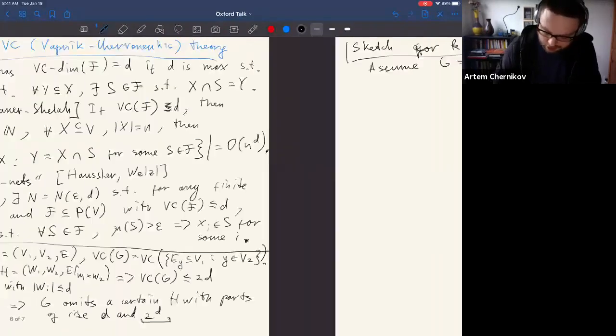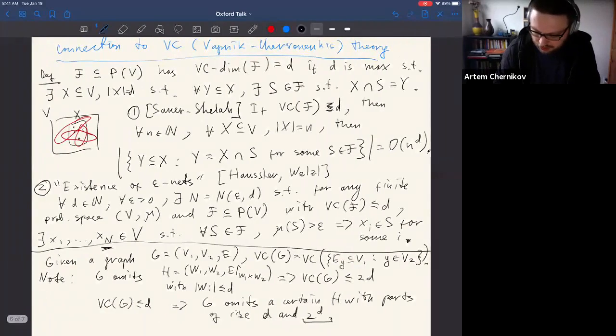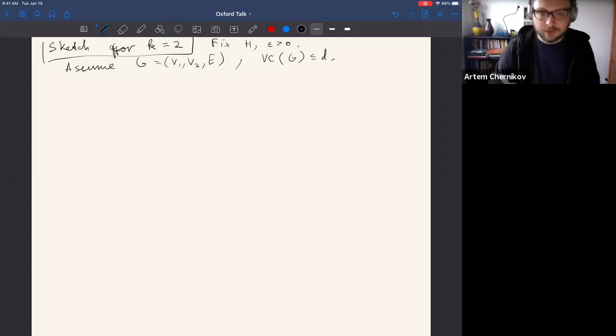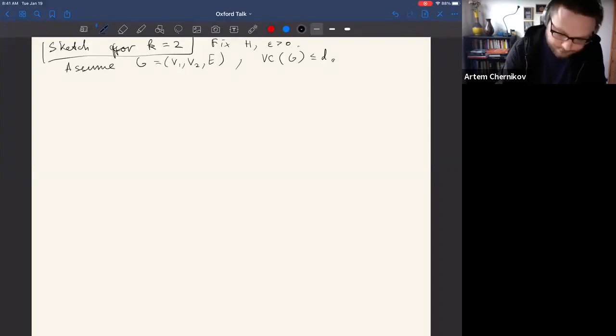By the previous remark, the condition of admitting H can be replaced by saying that there is a bound on the VC dimension. So let's say the VC dimension of G is bounded by D. Up to some linear multiple in D, instead of admitting H, we can talk about graphs of finite VC dimension.